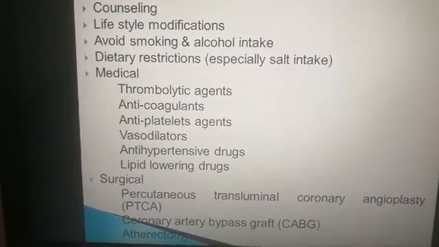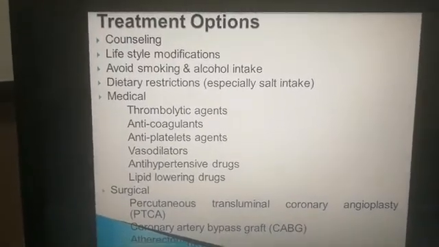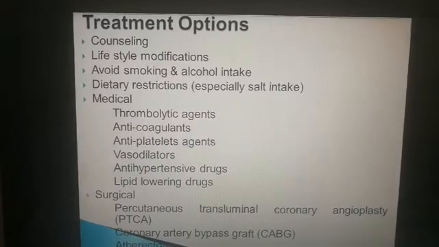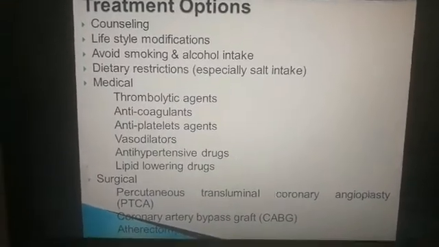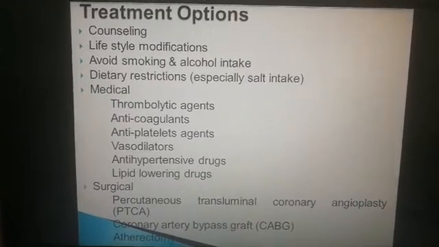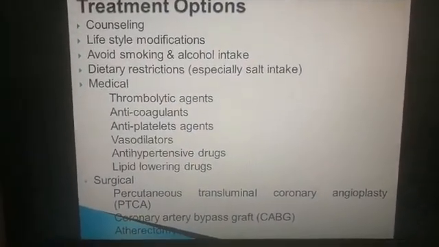And then surgically: percutaneous transluminal coronary angioplasty, coronary artery bypass graft, and atherectomy. These three are the surgical treatment options.